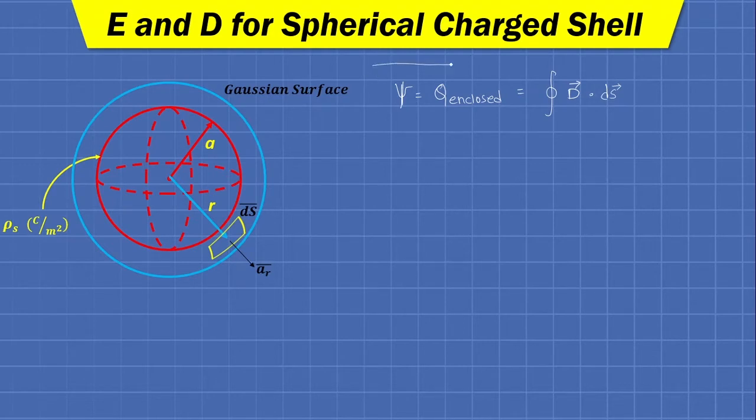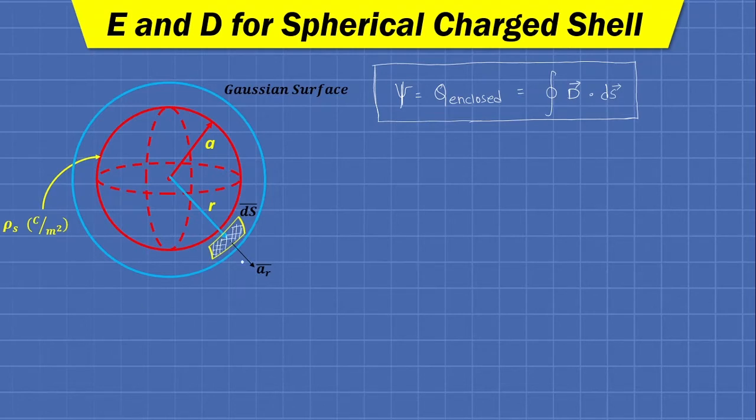This is the mathematical representation of Gauss's law. I hope you recognize it and will remember it throughout your career. This is the standard form of Gauss's law. What will be the procedure? First we will find the flux passing through this small differential surface.